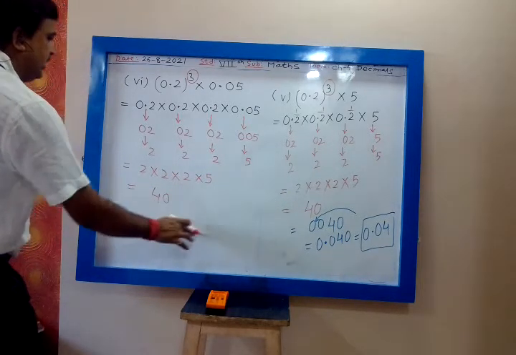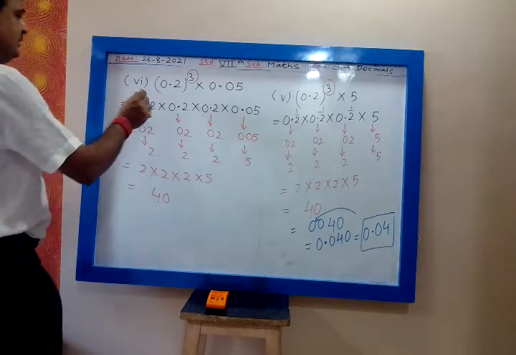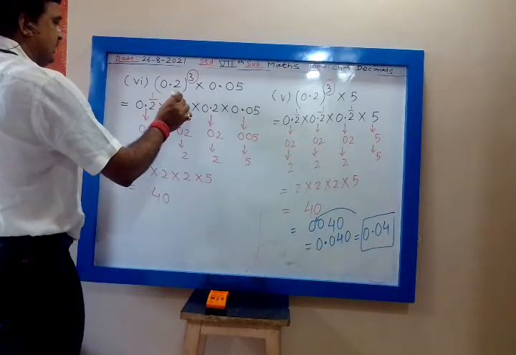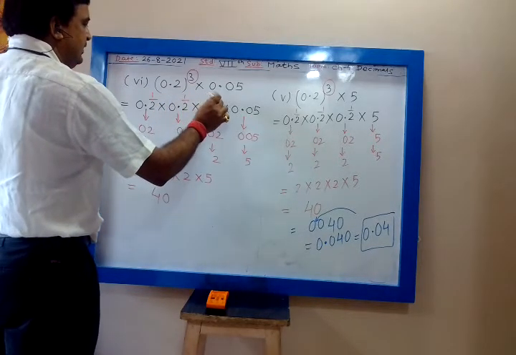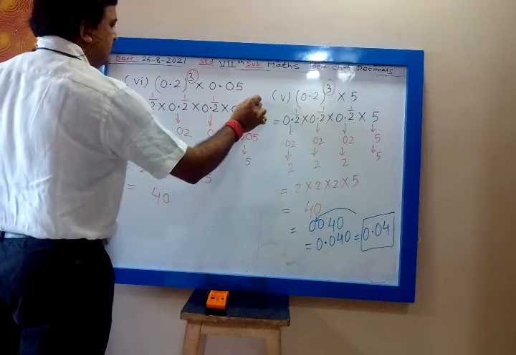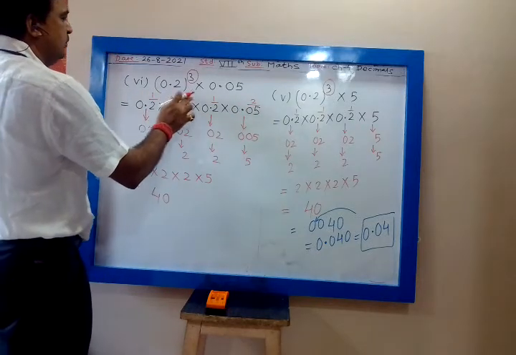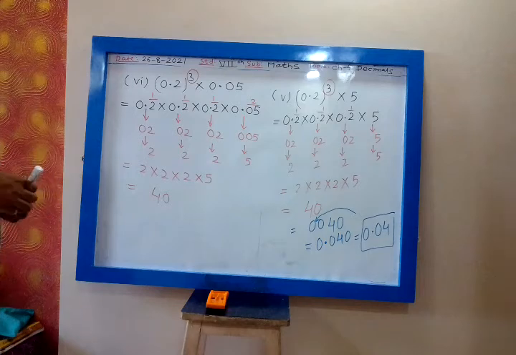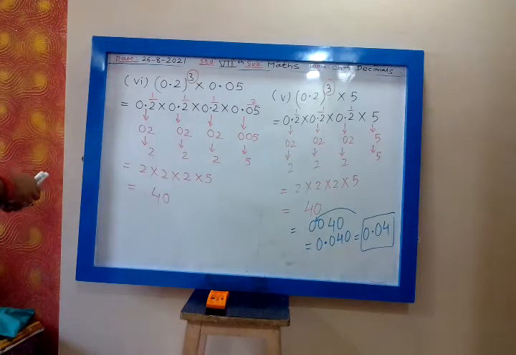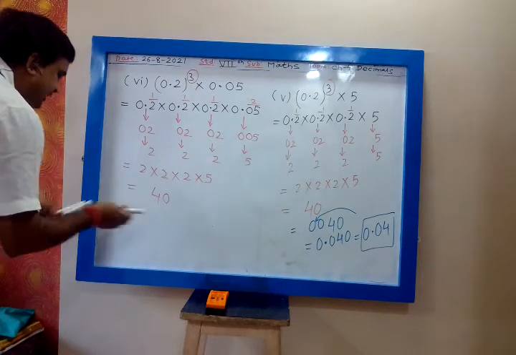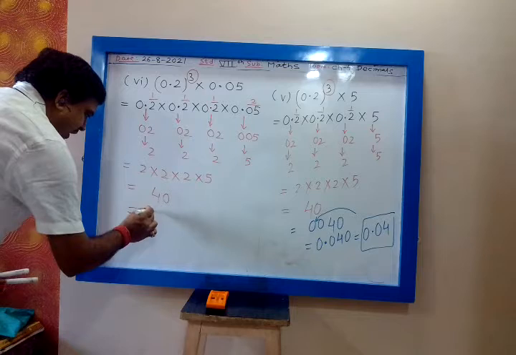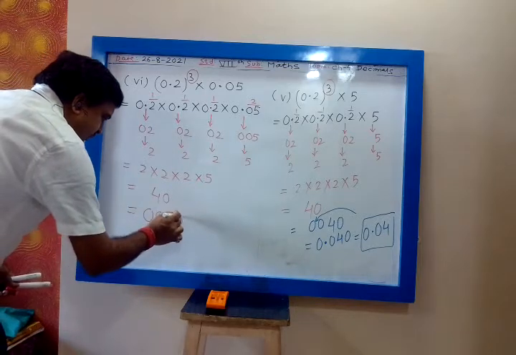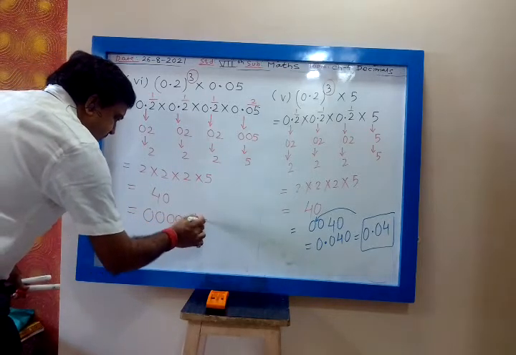But in the product you have to place the decimal. This is 1, this is 1, this is 1, and this is 2. So 1 plus 1, 2, 2 plus 1, 3, 3 plus 2, 5. You have to place the decimal after 5 digits. So before 40 we add zeros, no problem.